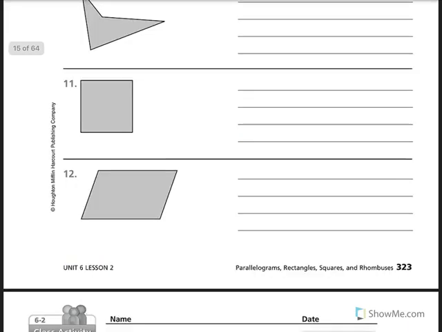Alright, so this one, let's see. Let's count the sides. 1, 2, 3, 4. It is a 4-sided shape, so it's a quadrilateral. The opposite sides would never touch if they continued forever.